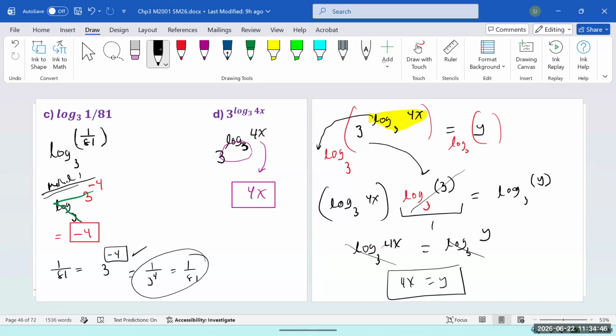You don't have to know the details, it's just why it's true. The power 3 has a power log, so adding log is what makes it times log.